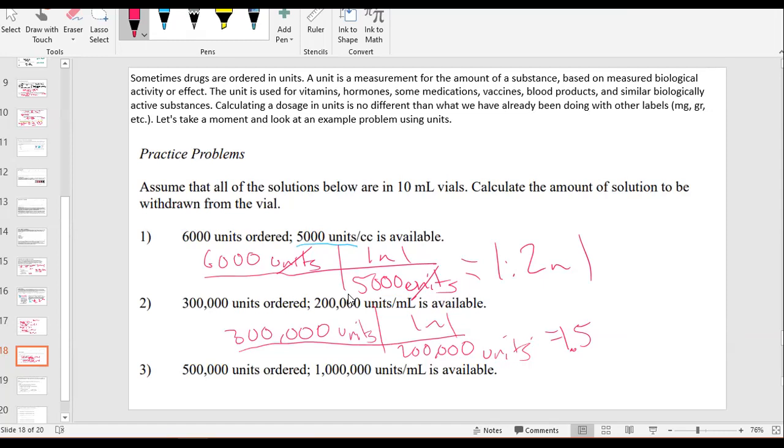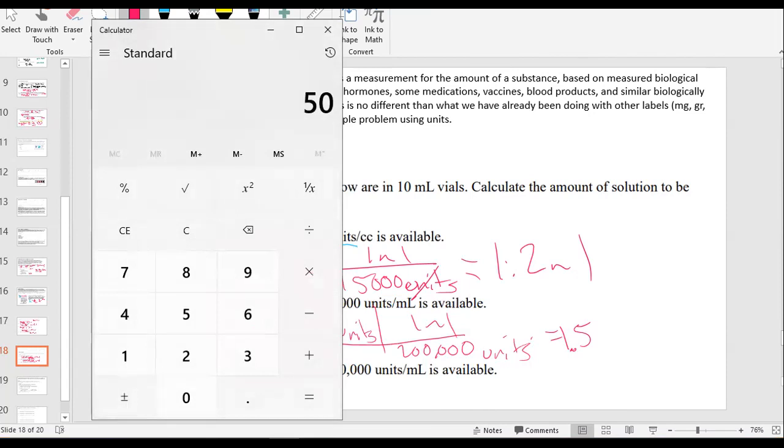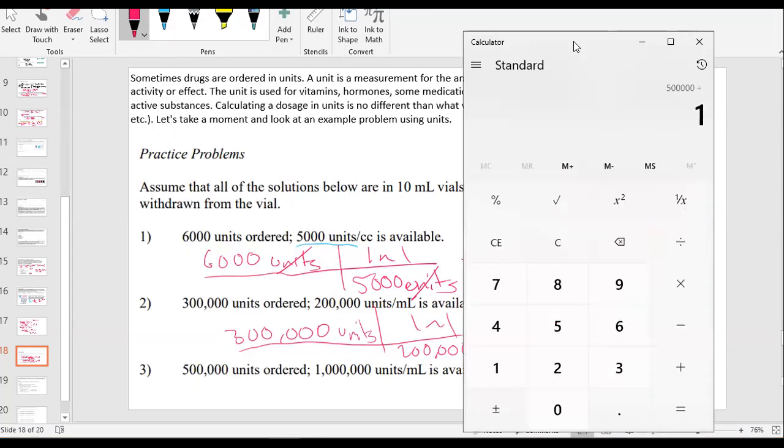Dividing, right? We're dividing our dose over our concentration. So we only have to go to our calculator and do, that's 500,000, right? 500,000 divided by 1 million. And that's going to give us our answer.